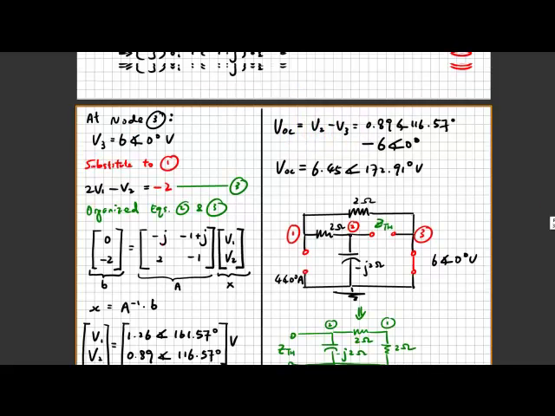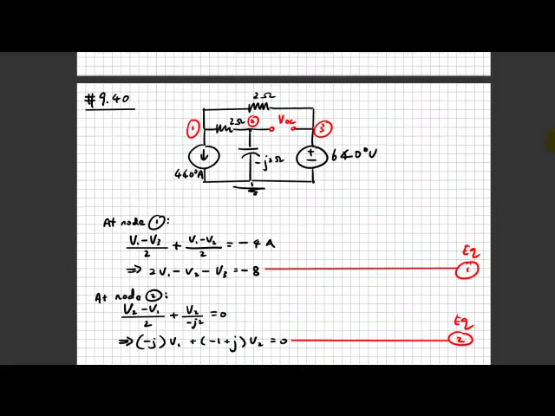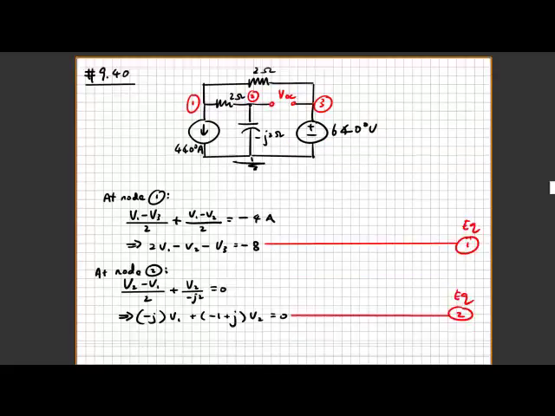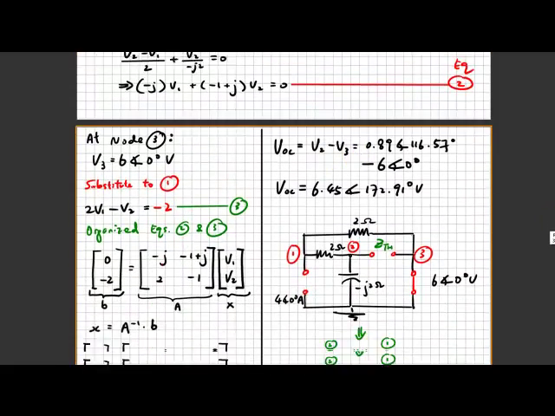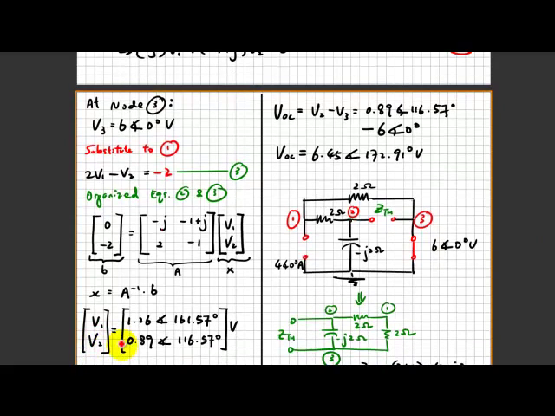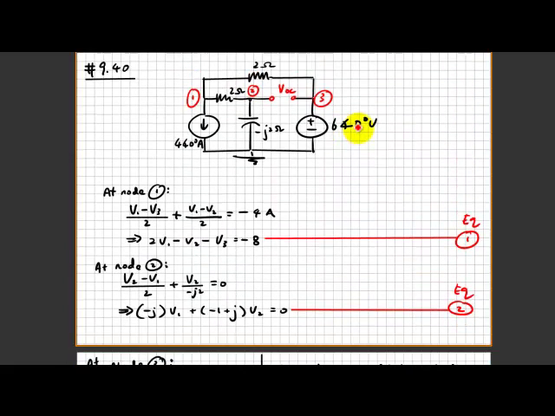How do I know that? The open-circuit voltage here is actually v2 minus v3. How much will the difference be? We already know v2 from the solver. Basically, v2 is 0.89 with an angle of 116.57 degrees, minus 6 with an angle of 0, which is already given in the example, 6 volts at 0 degrees.